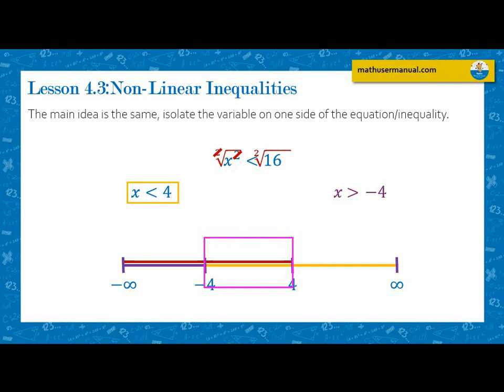So anything inside of that rectangle is our set of solutions. Meaning we have to delete the lines outside of the rectangle. And this is our solution set. Any number bigger than -4 but smaller than 4. So any number inside that small interval.